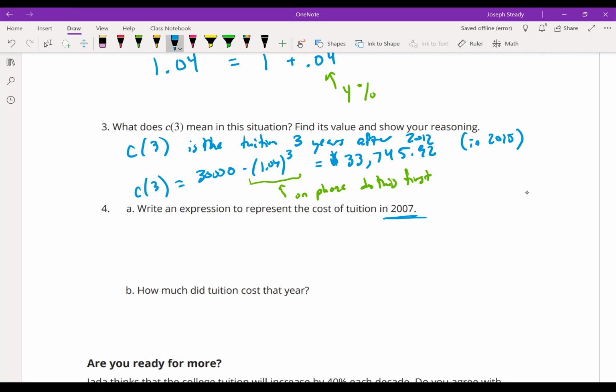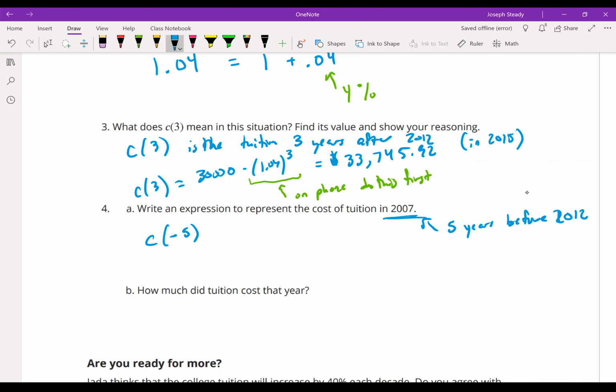Now here's the weird thing. This is obviously before 2012, but that's okay. Exponential functions can go backwards. That's allowed. So this is specifically 5 years before 2012. What that means is I'm going to find C of -5.